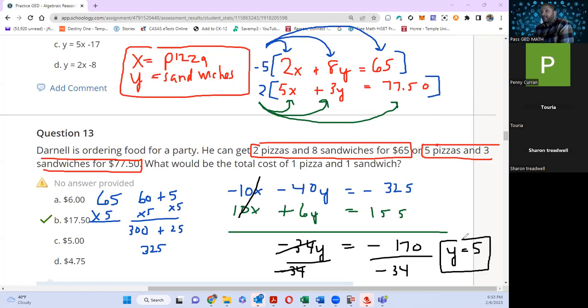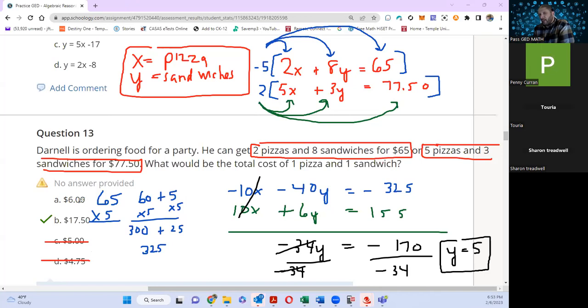But the question they're asking is what will be the total cost of one pizza and one sandwich? So this is the point I'm trying to make to you right now. If I know a sandwich costs $5, let's look at the multiple choice. What multiple choice can we get rid of? Can we get rid of the 6?